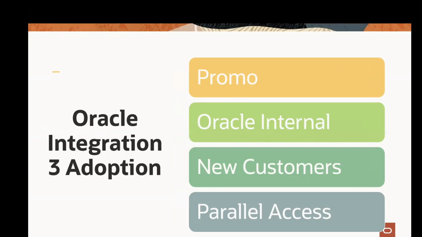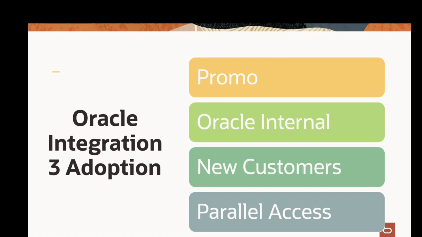So right now, just to give you a quick snapshot of adoption of OIC 3, all our promo instances are on OIC 3 right now. We've upgraded over 500 Oracle internal instances. These are the instances that we use internally to run Oracle business. These have already been upgraded to OIC 3.